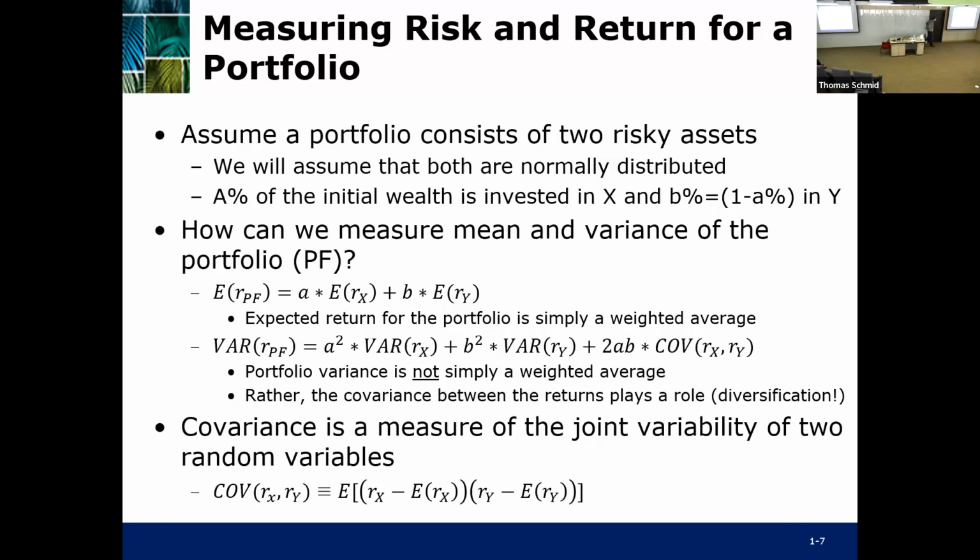This is actually the fundamental idea behind all portfolio theory. If you invest in different assets that are not perfectly correlated in cash flow or returns, you can reduce your risk and be better off compared to investing in single risky assets because of the diversification effect.